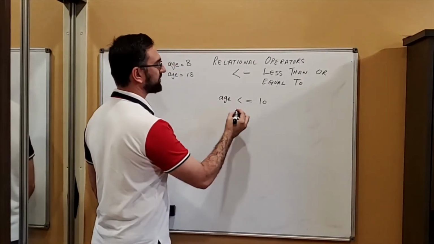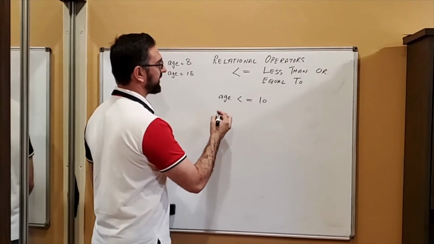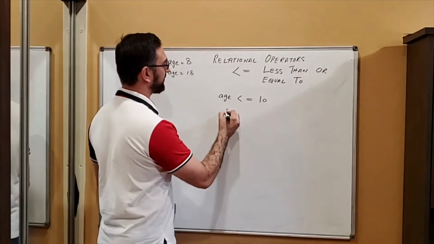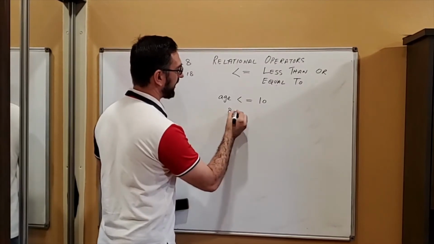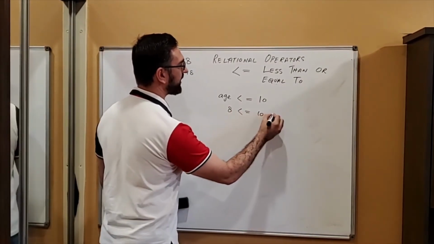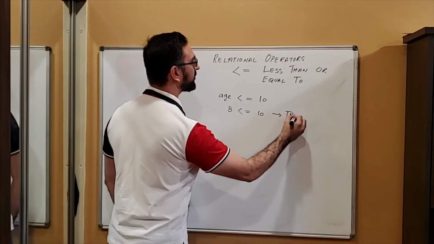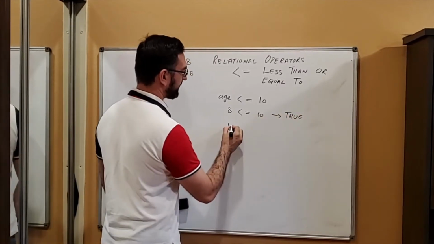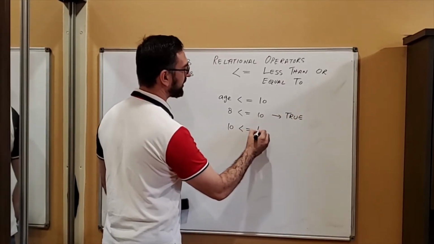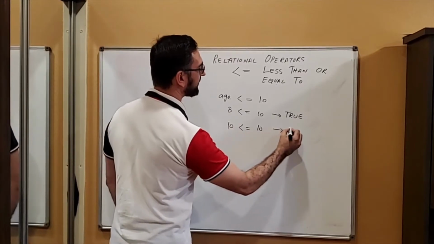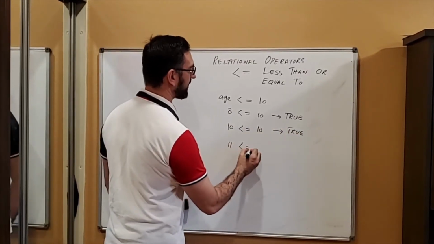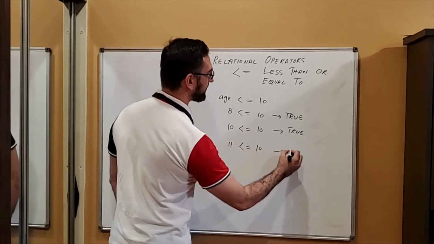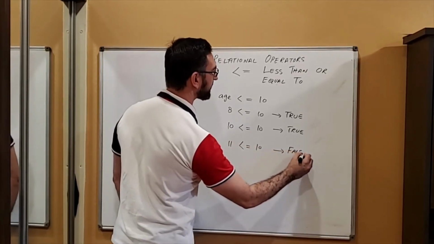So again, going back to the same example, if age is, let's suppose, 8, 8 is less than or equal to 10, this will turn out to be true. If somebody is 10 years old and it's compared, this statement turns out to be true. But if somebody is 11, then this statement evaluates to false.